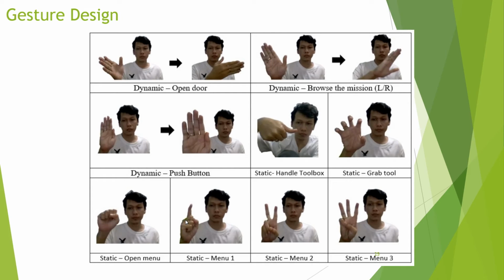And we also have 6 static gestures. First is handle toolbox, then grab tool, open menu, menu 1, menu 2, and the last static gesture is menu 3.